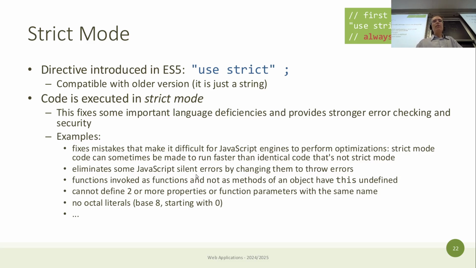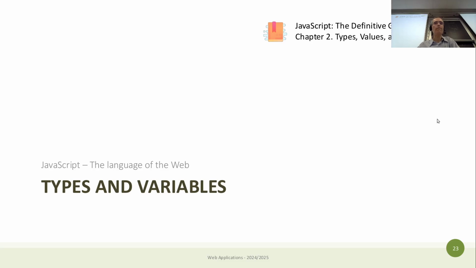So for instance, the fact that there are silent errors. Okay, there's an error, but JavaScript says nothing. So of course it becomes difficult to debug, and this luckily gets disabled. So always put this string.